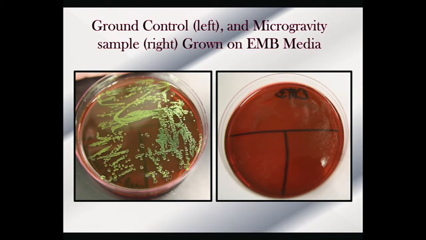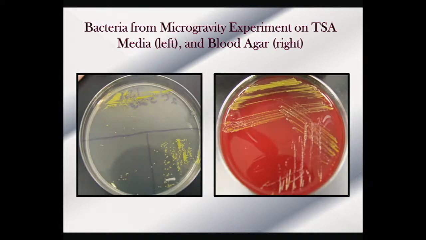When our microgravity sample came back, we began testing to make sure we had viable E. coli in each sample. On the left is our ground control. These were both grown on EMB media, which is specific to showing E. coli in a green metallic sheen. On the right is our microgravity sample with no visual growth of E. coli.